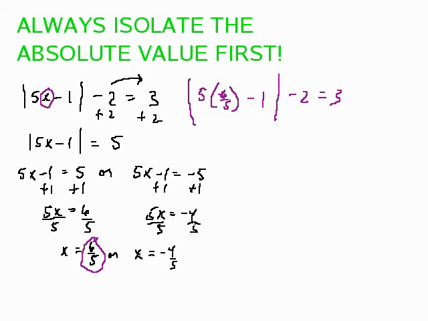Multiplying 5 times 6/5, now the 5s cancel out, because you can put 5 over 1 again, so don't let fractions worry you. Fractions are no problem, and you will get the absolute value of 6 minus 1, minus 2. Well, that's the absolute value of 5 minus 2, which does give us 3, because the absolute value of 5 comes out 5.